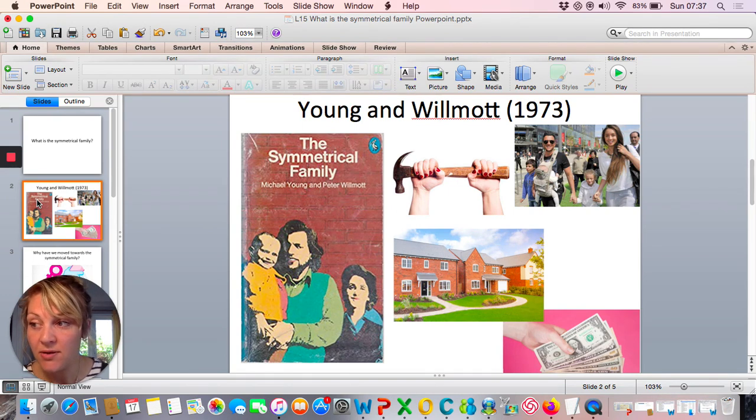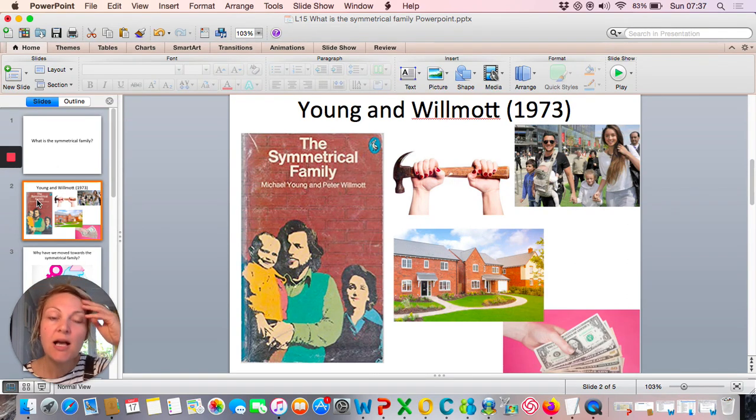Family members also spend much more of their leisure time together, therefore making relationships between husband, wife, and children more caring and loving. Again, this rings true of our definition of joint conjugal roles and relationships, which we studied in our last lesson. You can draw a lot of similarities between them.